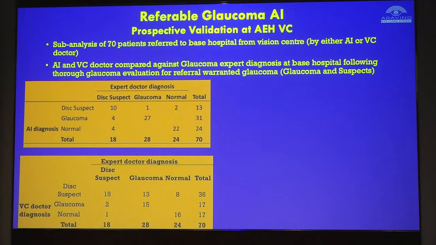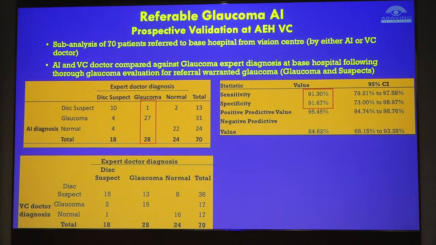So then we took a subset of patients who were referred and who came to the base hospital. The patients are still coming, but we were able to analyze some 70 patients referred to the base hospital from the vision center. We compared the AI and the teleconsult doctors with the expert doctor diagnosis, after all the investigations like HFA and OCT. Now we saw the correlation between these two.